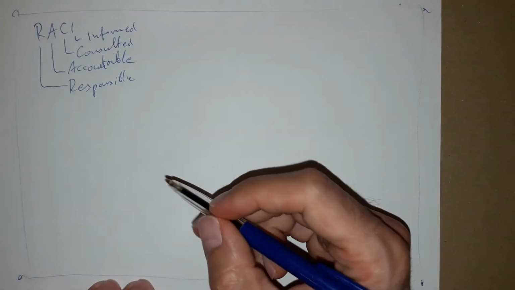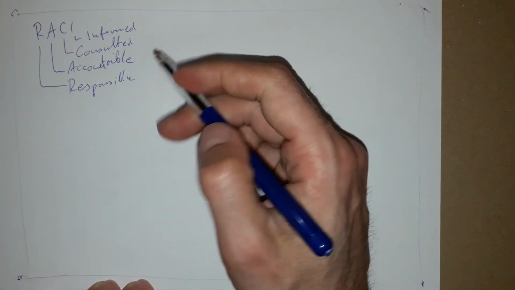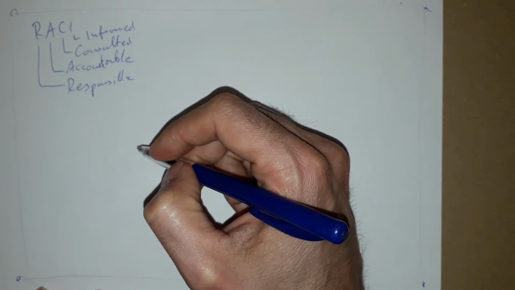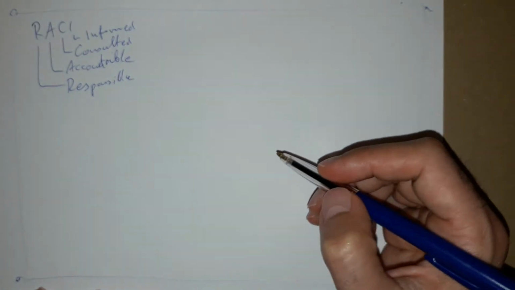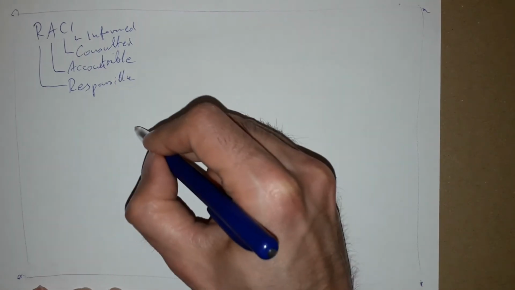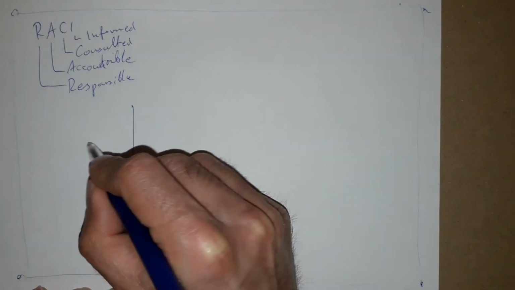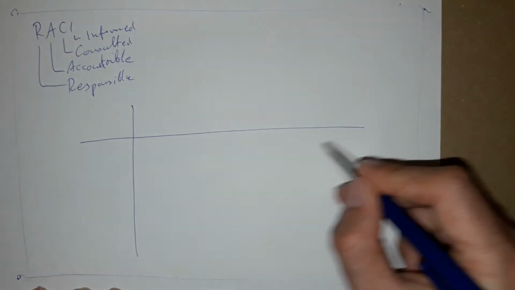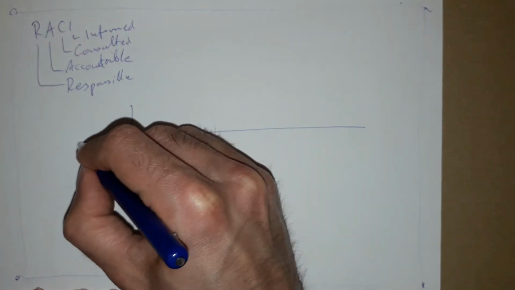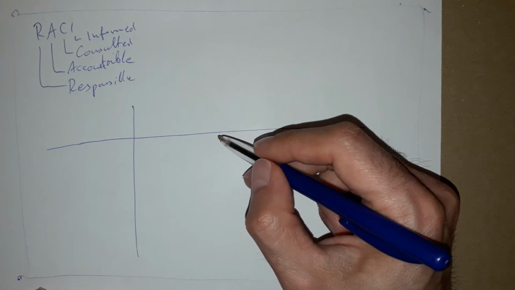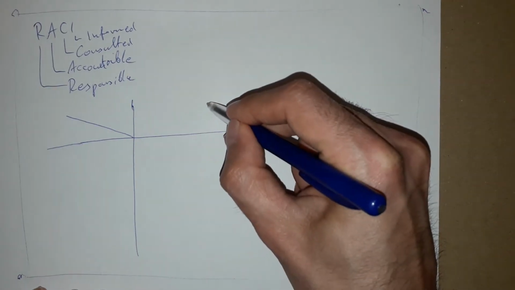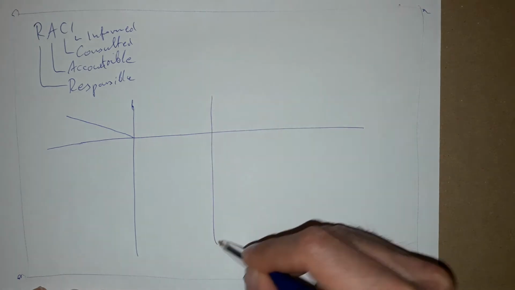This is the method used to set very clear roles when you have a project where you need to do a job together. This is a table which is agreed with all the people involved, like all the departments involved. And this table very simply says what task needs to be done by which person or department. I will just put a department.